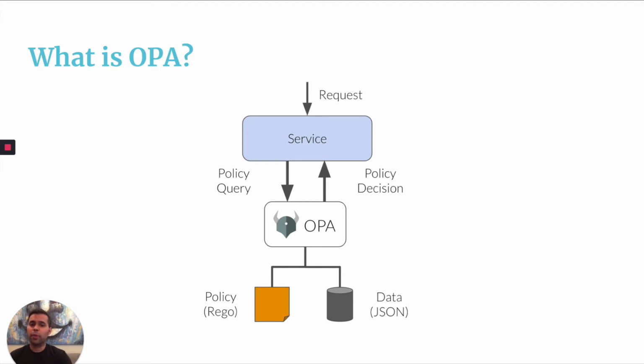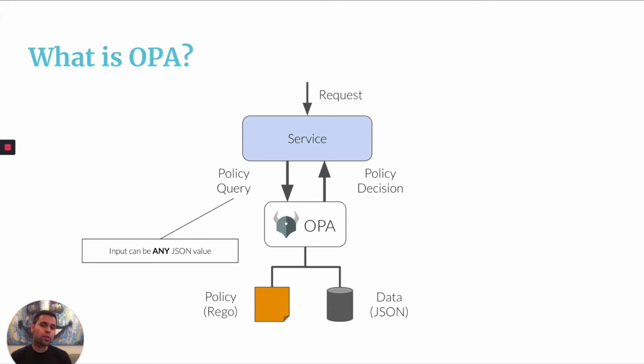The policy query itself can be any JSON value. So imagine if your service exposes an HTTP API endpoint, your policy query could include the path, the method, the user, and so on. If your service is a Kubernetes API server, your policy query could include the pod manifest, for example.